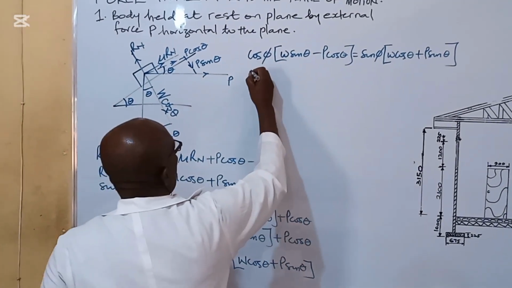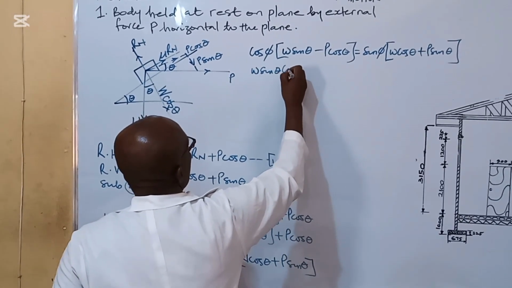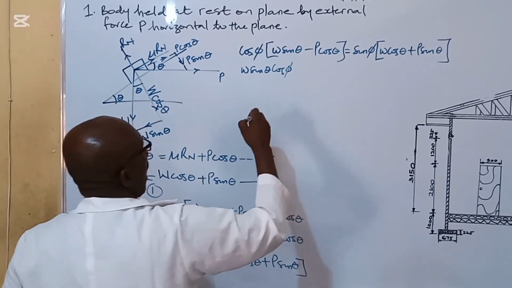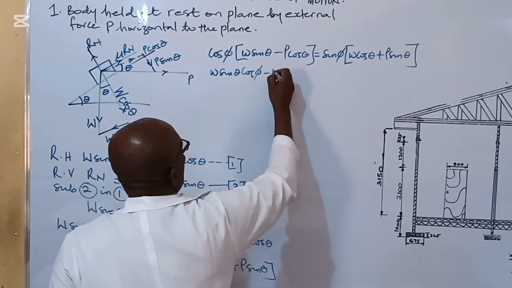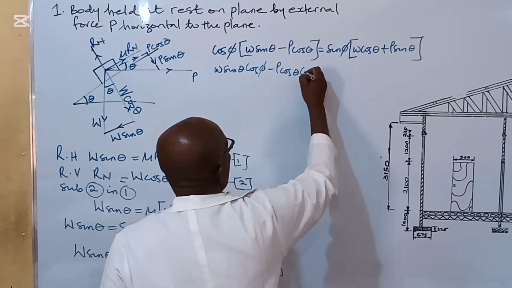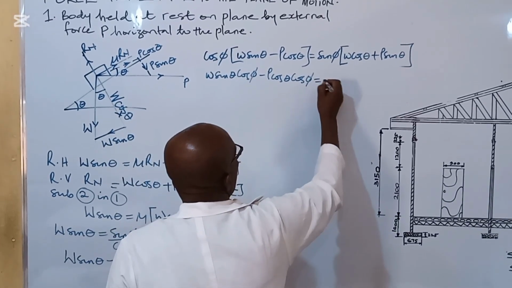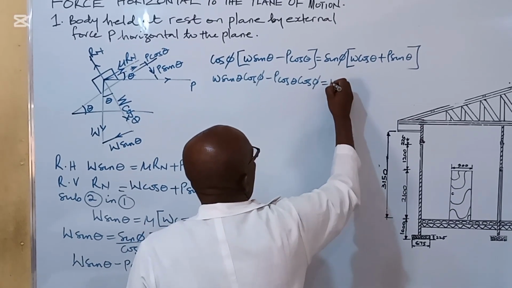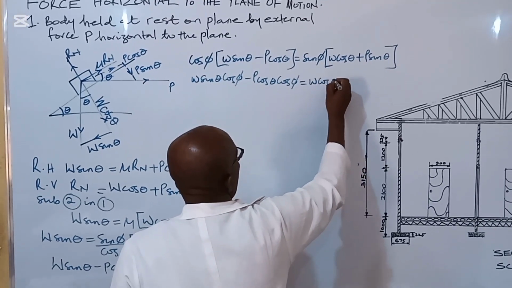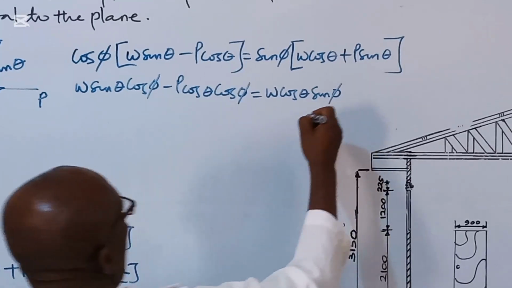I'll have W sin theta cos phi, right? Minus P cos theta cos phi, right? Equals to W cos theta sin phi, right?